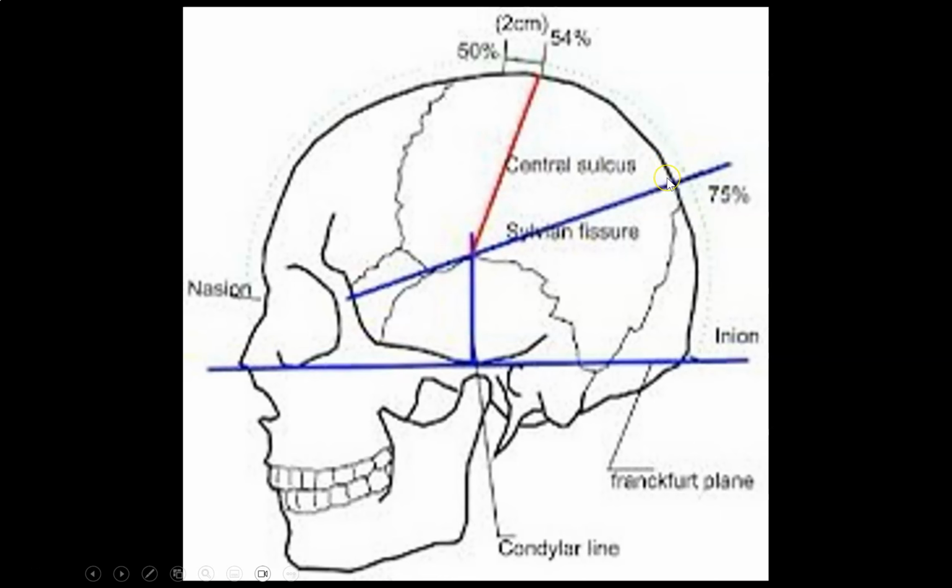This is 75% the distance towards the inion. And you extend the line from the outer canthus, from the mid-zygomatic point, posteriorly to the junction of the 3/4 and 1/4 of the distance from the nasion to the inion. You get the sylvian fissure.